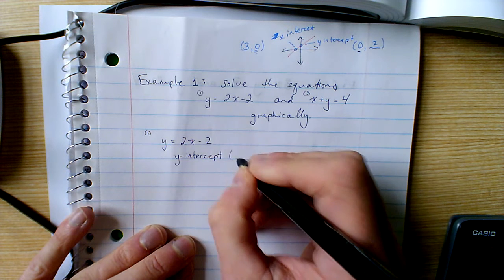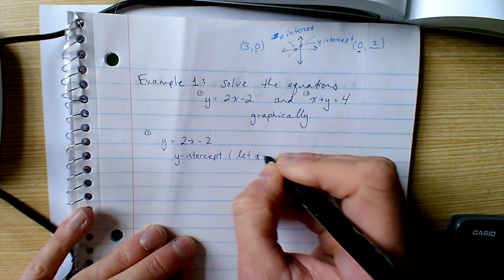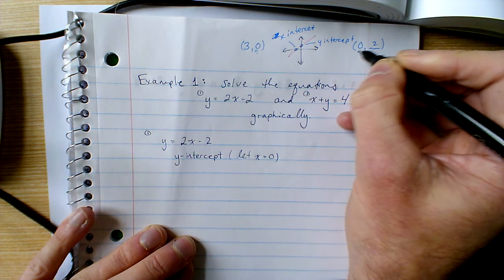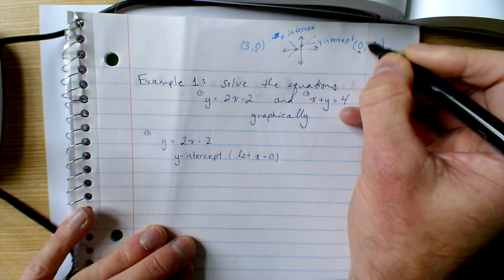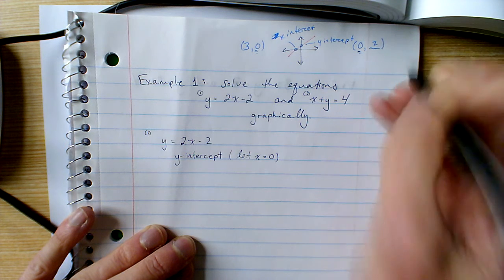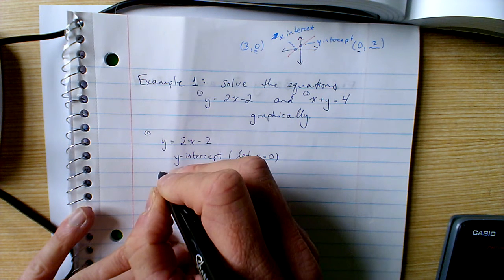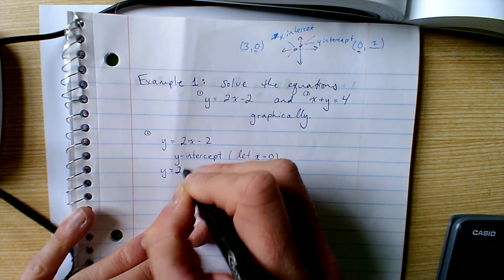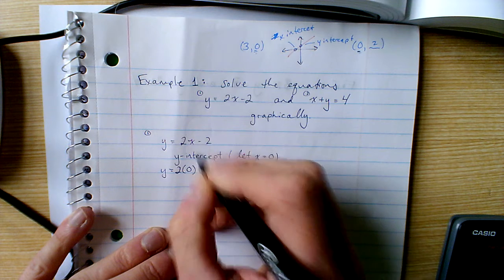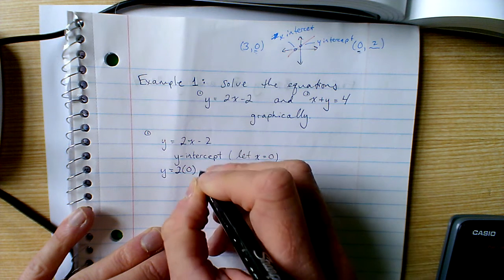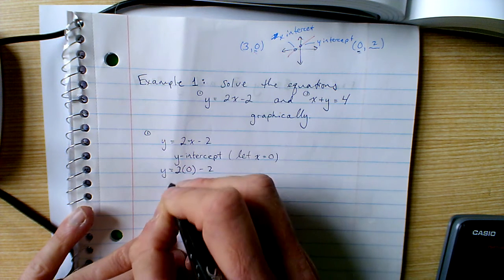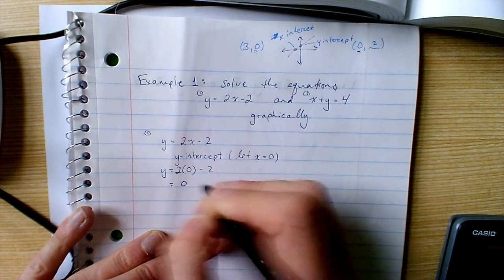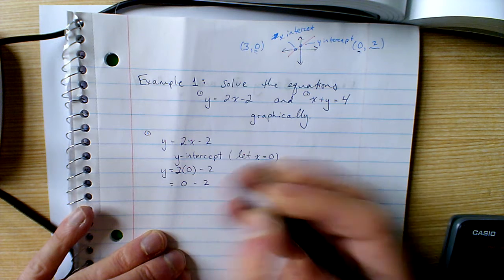So to find that, we let x equals 0, just like up here. We set this to 0 and find this other value. So y equals 2, bracket, we substitute in the value of 0 for x, minus 2. What's 2 times 0? 0 minus 2.